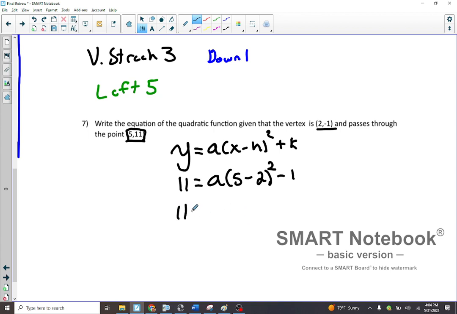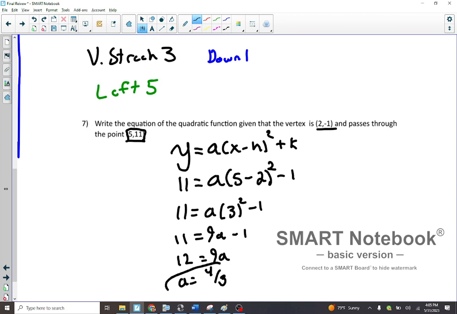Then it's just algebra from there. 11 equals a times 3 squared minus 1, 9a minus 1 equals 11, 12 equals 9a, a equals 4 over 3. Which means your answer here is y equals 4 over 3, x minus 2 squared, minus 1.